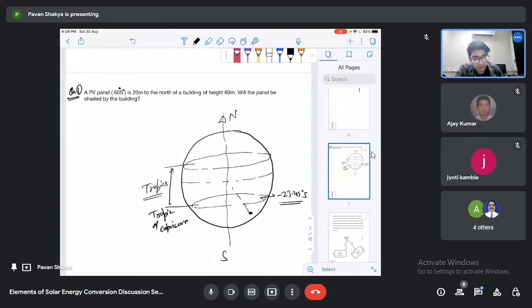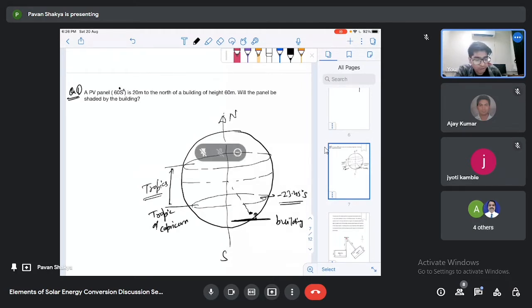Then it is given that this panel is 20 meter to the north of a building of height 60 meter. North of a building, what does that mean? That the building should fall south of this receiver. If this is our building, then we say that this receiver is in the north direction of this building.